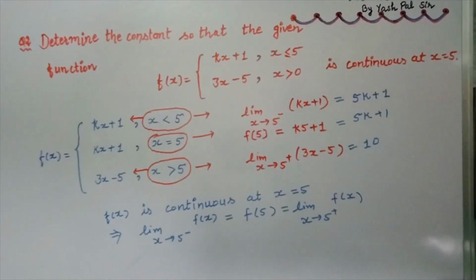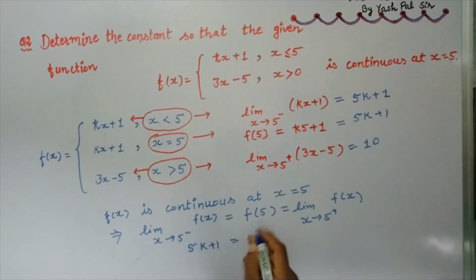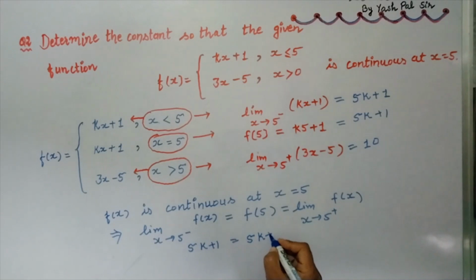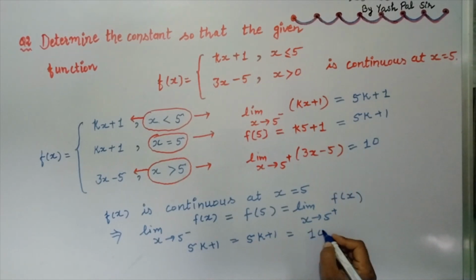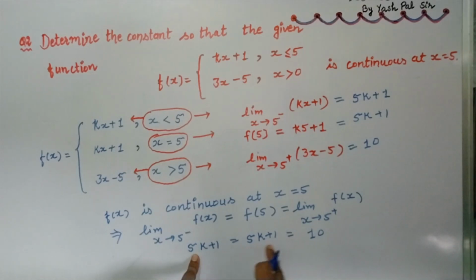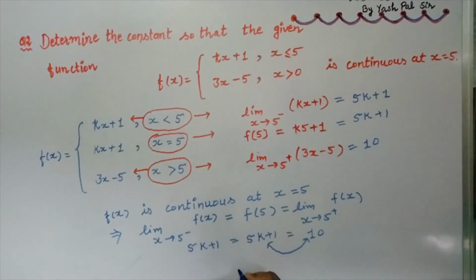Now these values will be substituted here. That is, the left-handed limit is 5k plus 1, the functional value is also 5k plus 1, and the right-handed limit value is 10. Because the first two members are the same, we just pick up the last two members.